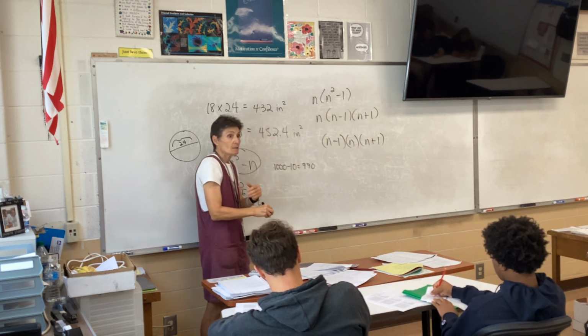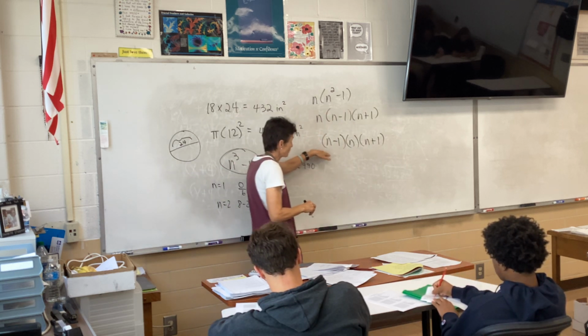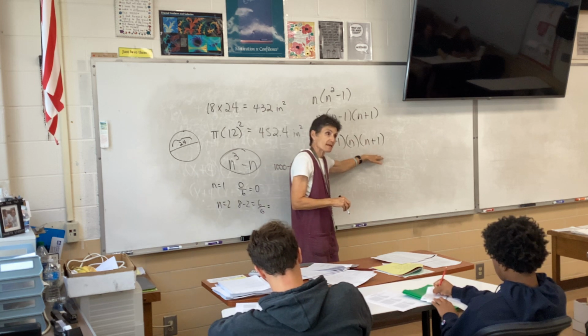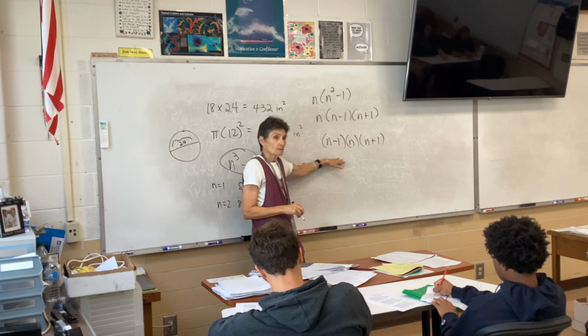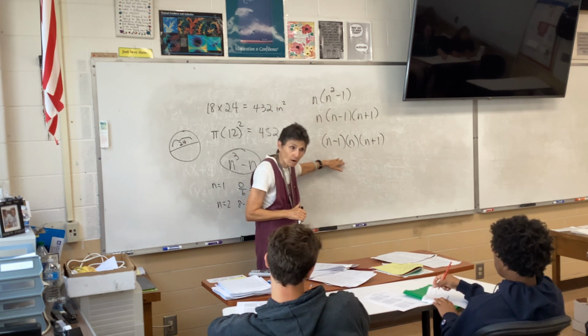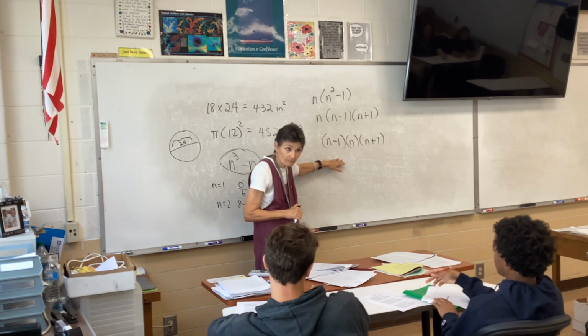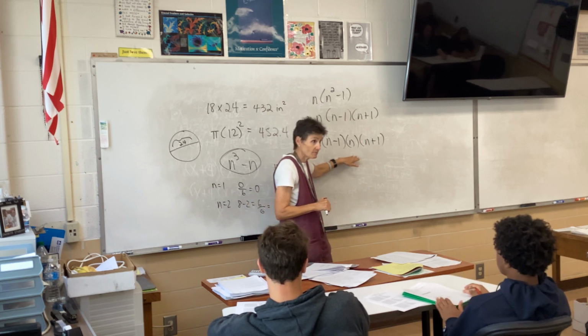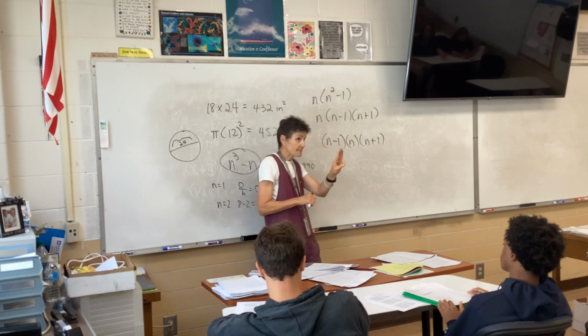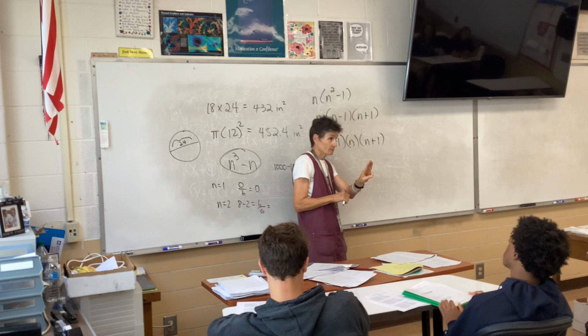Now I want you to look at these for a second. In this order now, do you notice anything about them? It goes up by one, which means they are consecutive. Aren't these consecutive numbers? So I have 3 consecutive numbers.